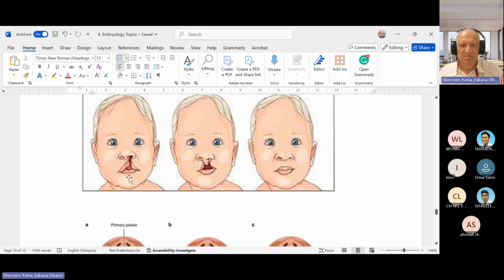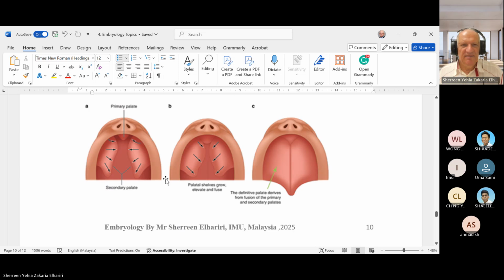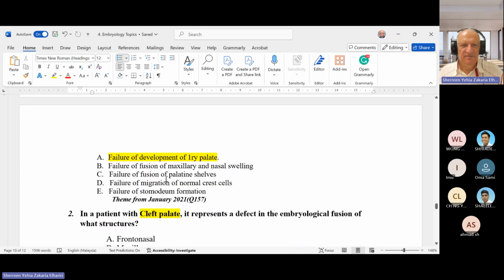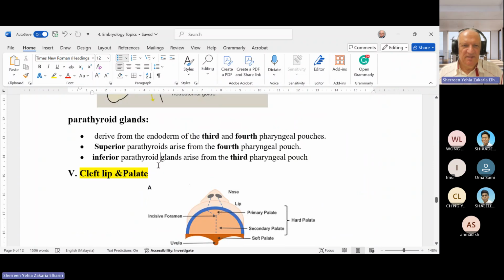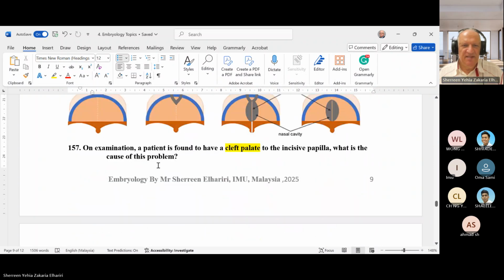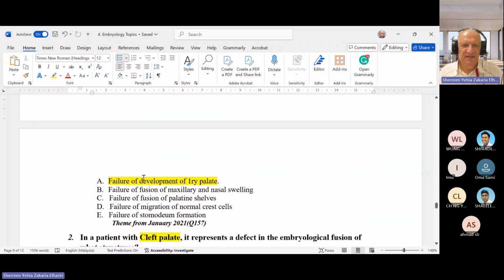Of course, this is cleft lip. And cleft palate is above. Something here, so it is just to know the easy way. The cleft palate is a defect in development of the primary plate, not the palatine shelf.